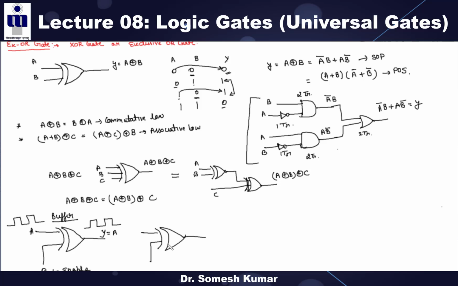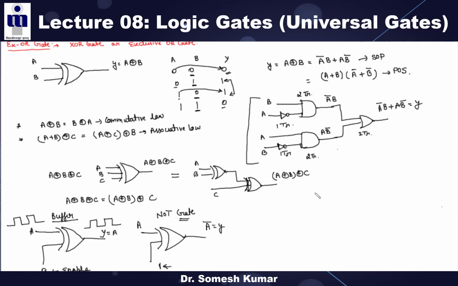Clear? So now when your enable is 1, what happens in that case? If the input is A, then at the output we will get A bar, right? So it acts as the NOT gate.